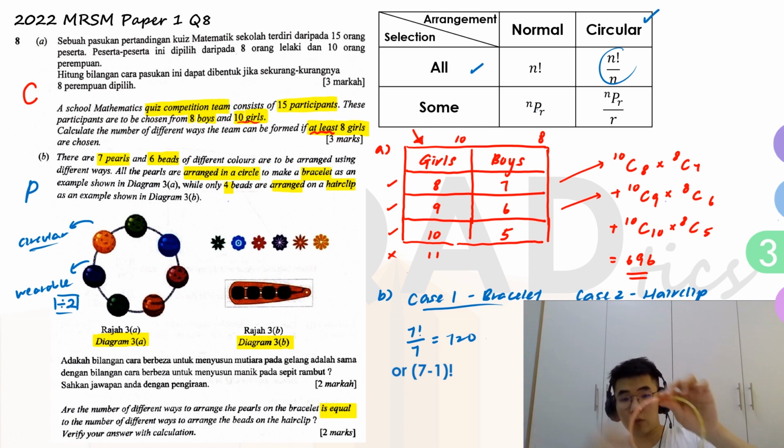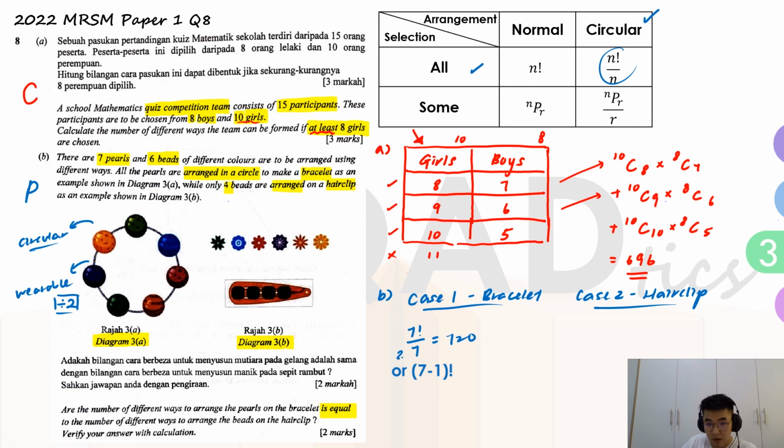One is from the front view and one is from the back view. So if it's a wearable item, these two arrangements are considered one. Every two arrangements will be considered as one arrangement. That's why, going back to the question, we need to divide by 2. So the answer here would be 360.